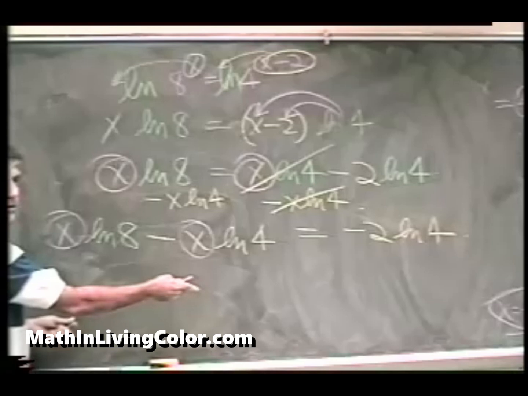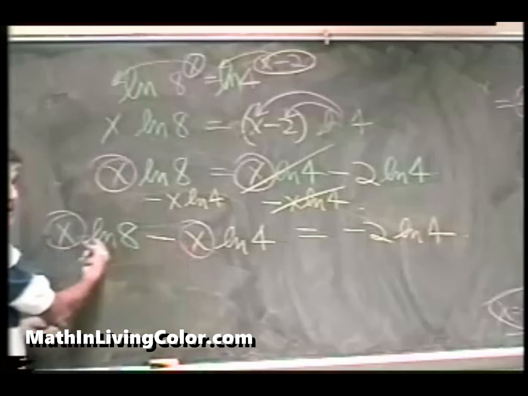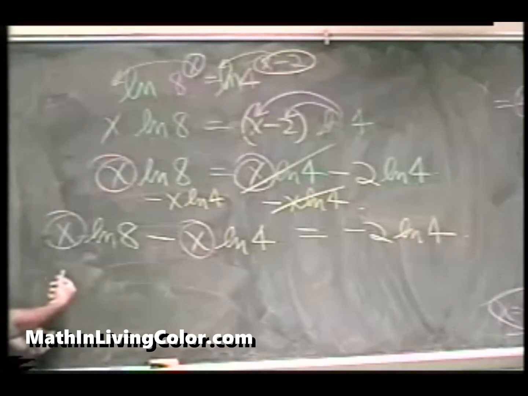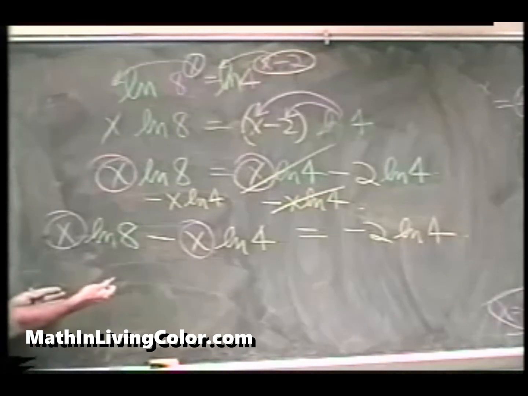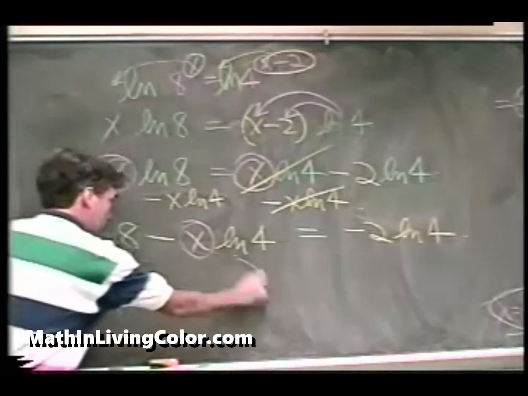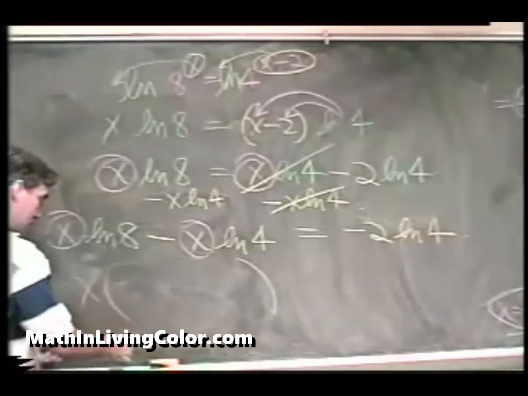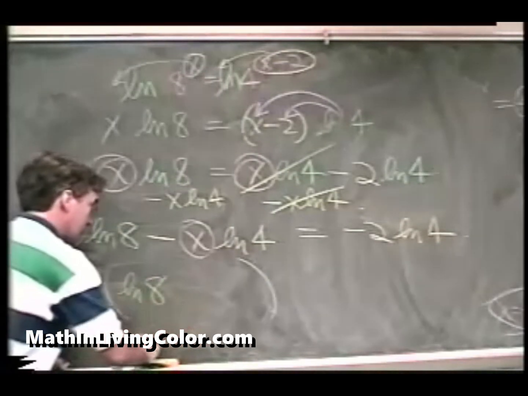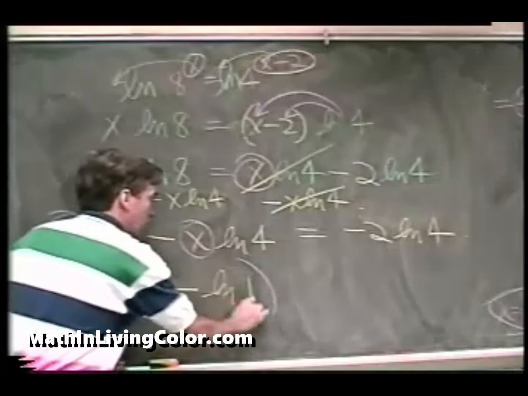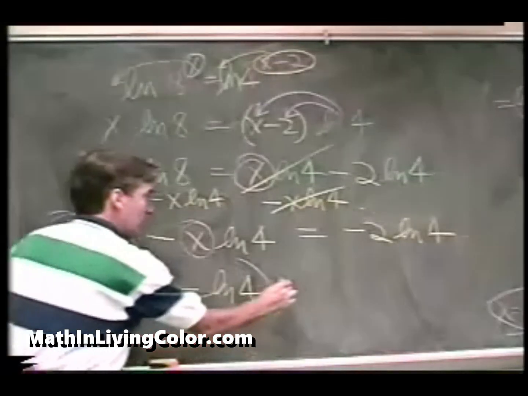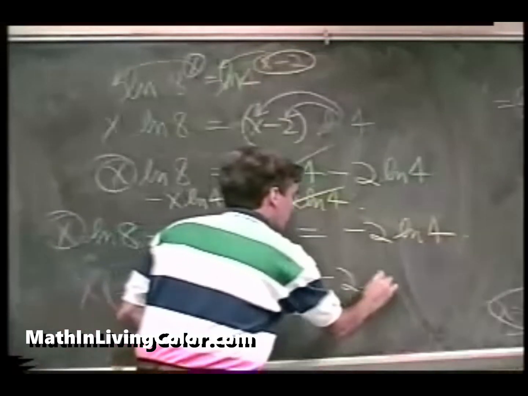I've got to factor out the x, don't I? Remember factoring out the x? So let's factor out the x, and what's left when you factor out the x? The ln of 8, and then minus the ln of 4, right? Equals negative 2 ln of 4.